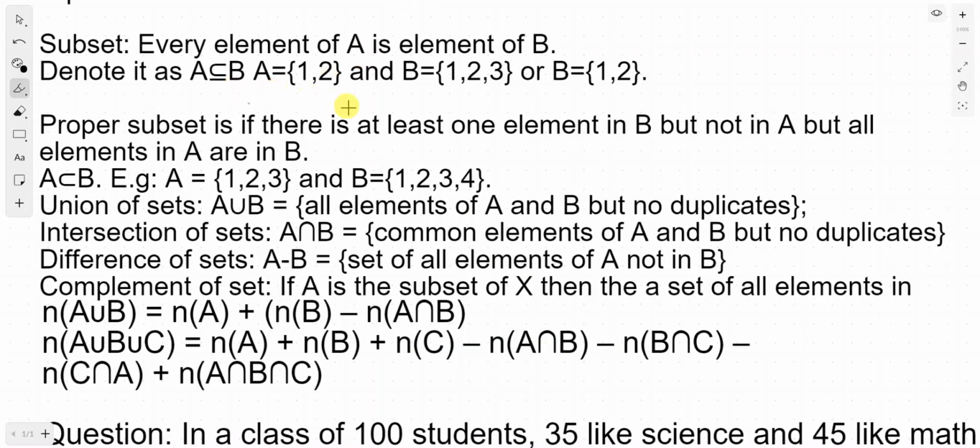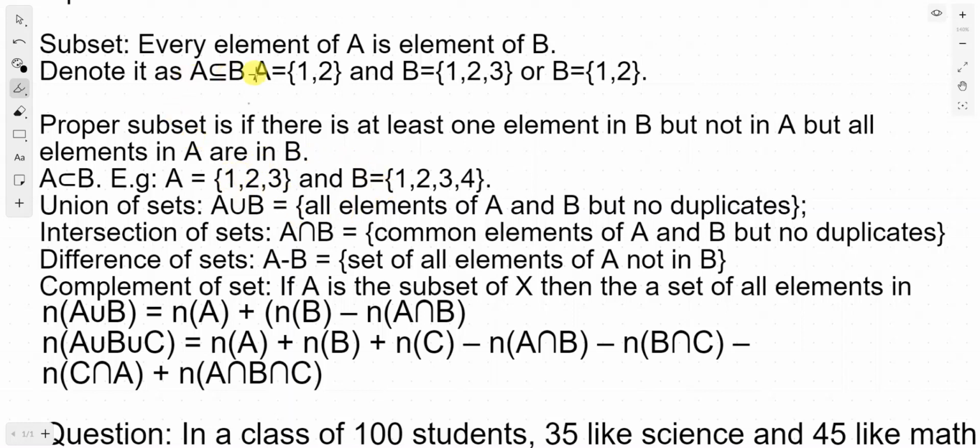Proper subset. What is a proper subset? A proper subset is a subset that is not equal. Let's say you have a set A which equals {1, 2, 3} and B which equals {1, 2, 3, 4}. So A is a subset of B, but A is also a proper subset of B because every element of A is present in B, but the sets are not equal.